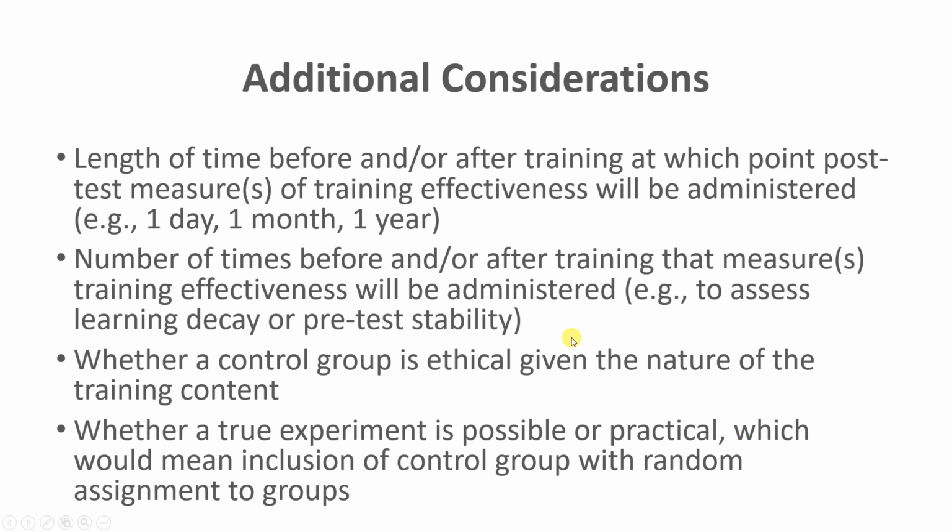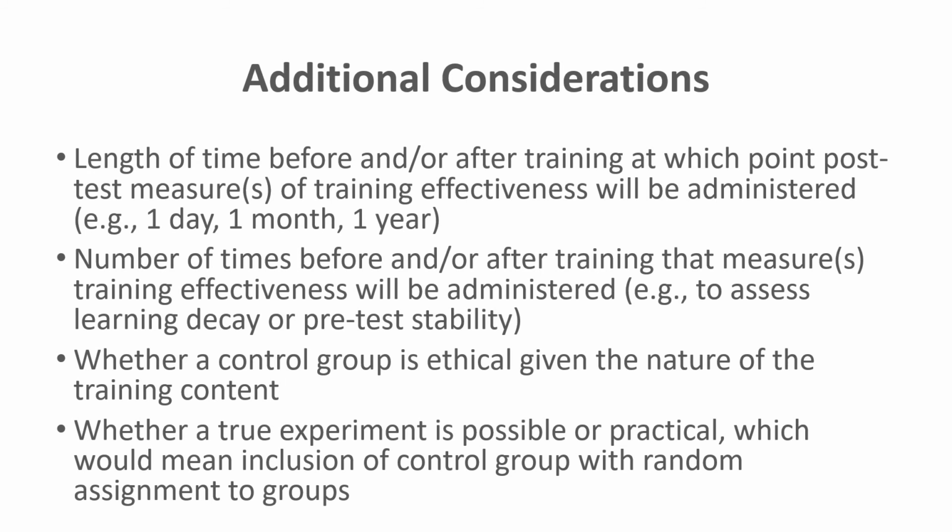Now, also consider the number of times before and or after the training that you are going to administer those training measures of effectiveness. And the reason that you want to consider that is that in these examples so far, I've just been showing you one pre-test and one post-test measurement occasion. But conceivably, and sometimes in practice, an organization might do multiple pre-tests, maybe one that's a month before training, one that's a day before training.